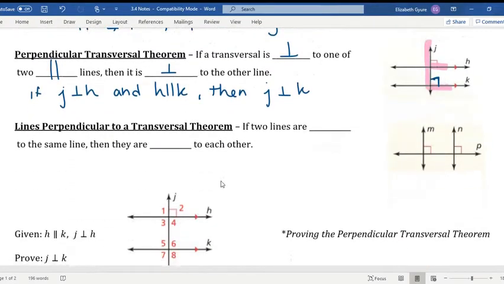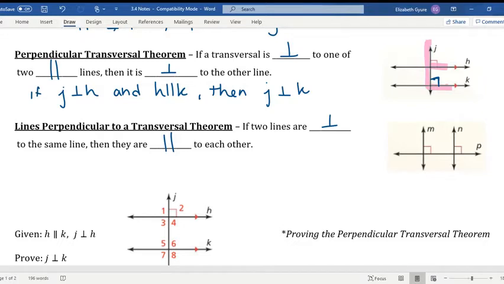And then the last theorem is the lines perpendicular to a transversal theorem. This is just kind of like the opposite of that. If lines are perpendicular to the same line, then they are parallel to each other. If you have two lines and they're both perpendicular to P, then they have to be parallel to each other.